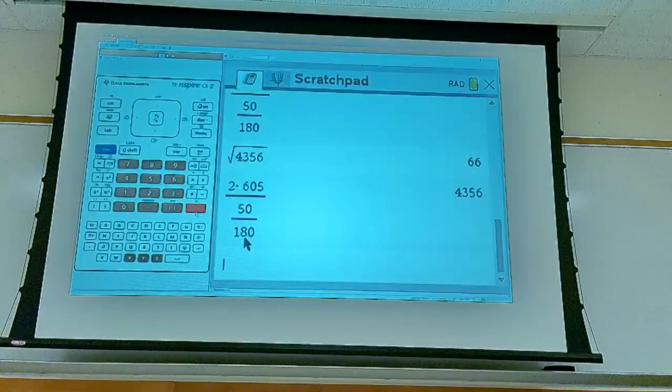And then I took the square root to see if that was an exact square root, which it was, 66. I left the pi out of it because then it would give you an approximation, which you don't want. And I just threw the pi back in at the very end.